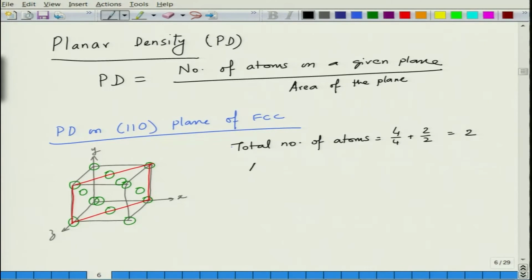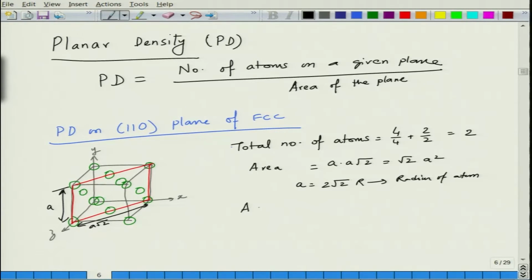And what is the area? If the atomic radius is r, so you can see that this is basically you can say a, this is a root 2. So, this is a into a root 2, which is root 2a square, and in FCC we know that a is equal to 2 root 2 r, where r is the radius of atom.